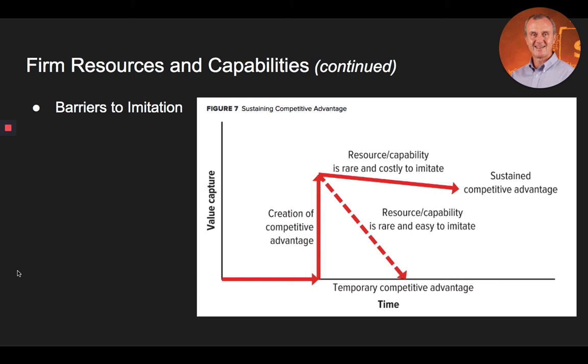For a resource or capability to be able to sustain high profits in the face of potential imitation attempts by others, it must be valuable, rare, and costly to duplicate. Managers must analyze their resources and capabilities when they appraise the strengths and weaknesses of their firm in SWOT analysis relative to their competitors. Finally, there are a number of reasons why it can be difficult for a rival to imitate a resource, including property rights, preemption, time compression diseconomies, causal ambiguity, and tacit knowledge.